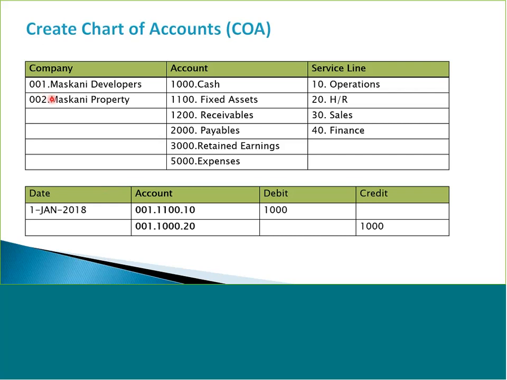If this group of companies wanted to add another company here, they can only go up to 9. But with this, they can go up to 999. Same applies for accounts. The higher the maximum number of characters, the higher the range of values you can enter. Okay, so I hope that's clear.